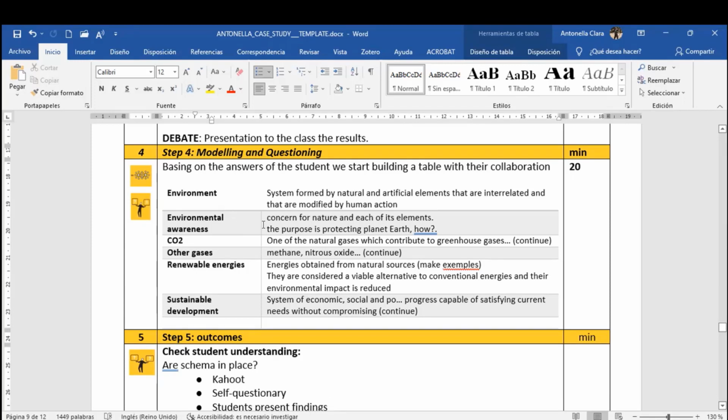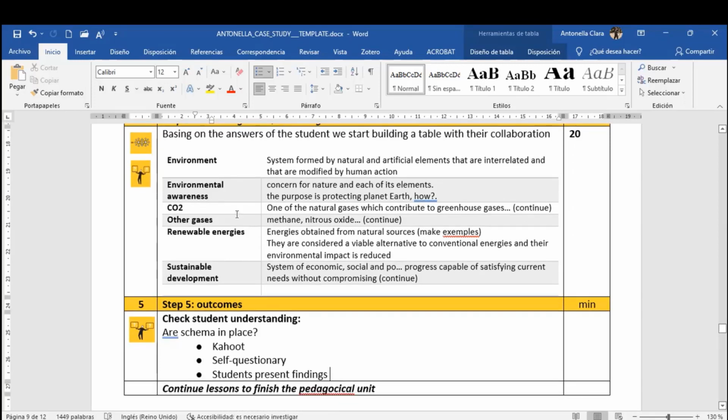Environmental awareness, and I try to say what it is, but after I ask how can you be aware of our problem? CO2 is one of the natural gases which contribute to greenhouse gases, and they have to continue building the phrase. Other gases, and in this case, they can go back to the map and see the other gases in Madrid.